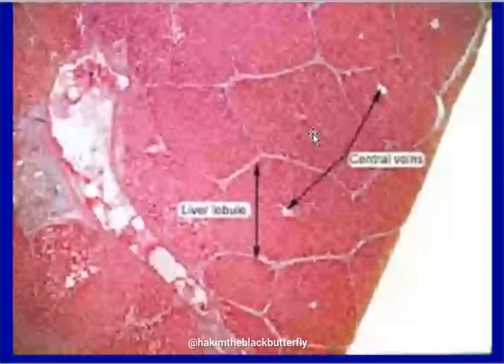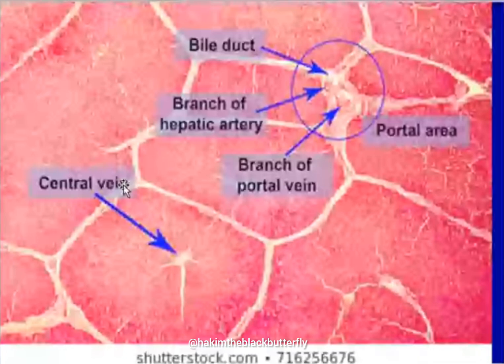So we can see these different lobules of the liver, and their boundaries will have these septa of connective tissue, which are branches of Glisson's capsule, which penetrated from the surface. And within each septum, you can see those structures are blood vessels and bile ducts.